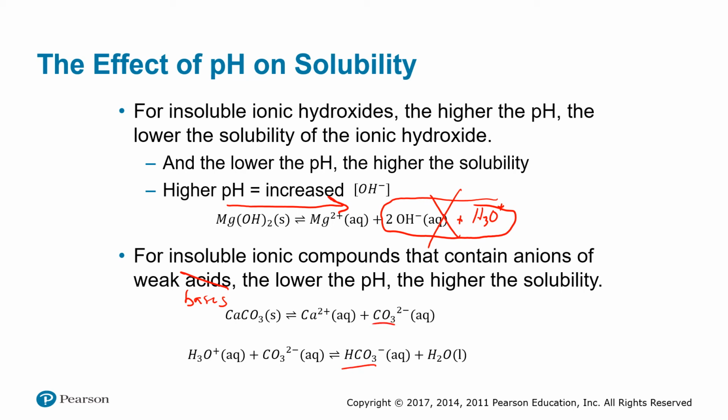These will react with excess hydronium around and be removed from the reaction. Since you're getting rid of product, once again, you shift the reaction to the right. So hydroxides and any reaction that produces weak bases, you're constantly removing product based on the hydronium reaction, shifting the reaction to the right, and so solubility increases.